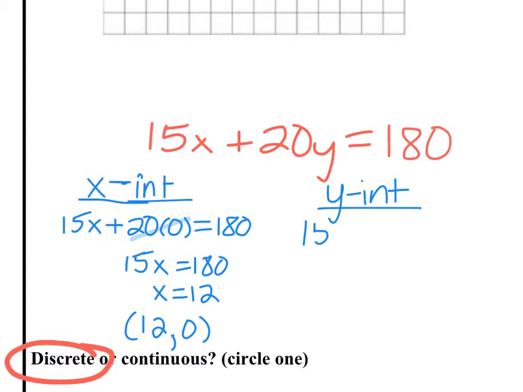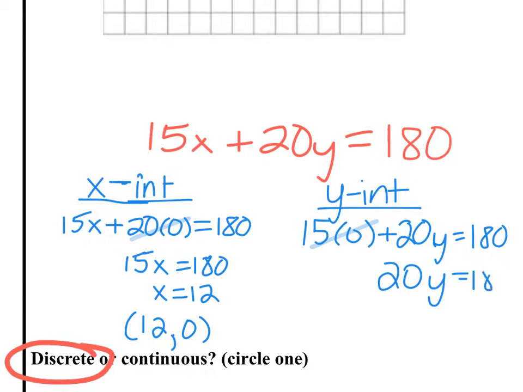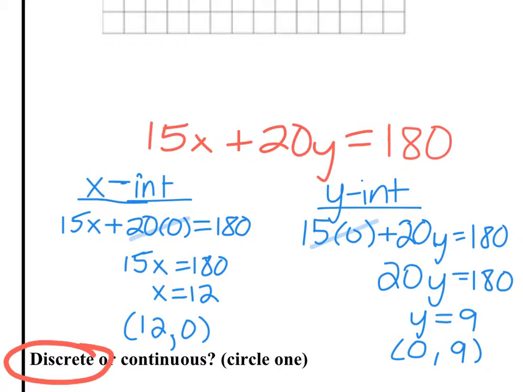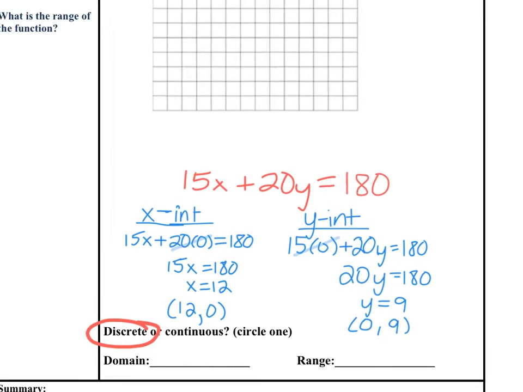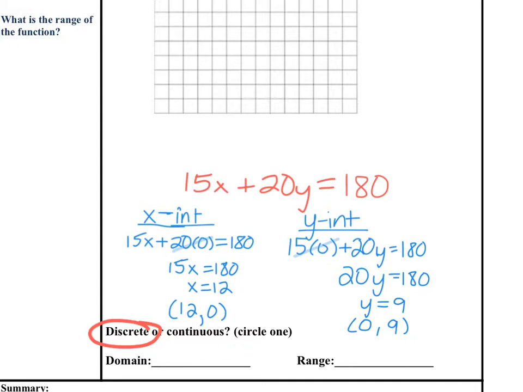Plug in 0 for x. That would be 20y equals 180. If you divide by 20, you get 9. So that's your y-intercept. So we know on the x-axis we've got to go up to at least 12. On the y-axis you have to go up to at least 9.